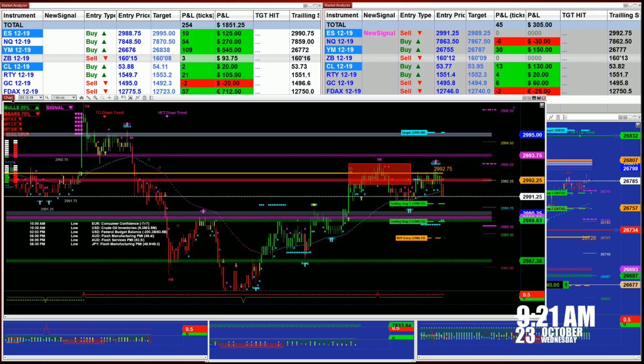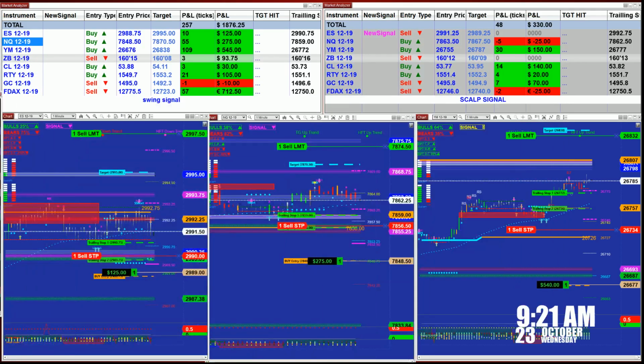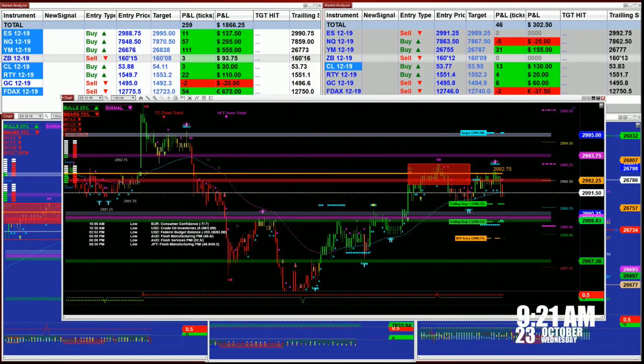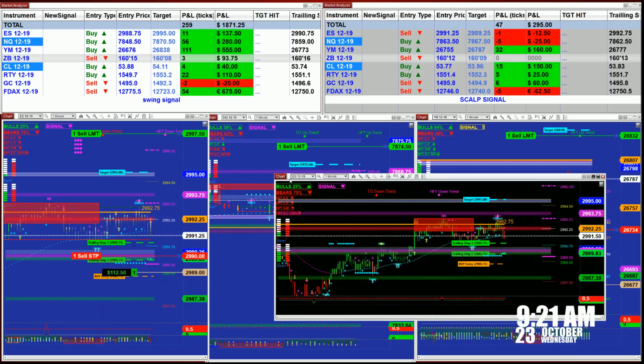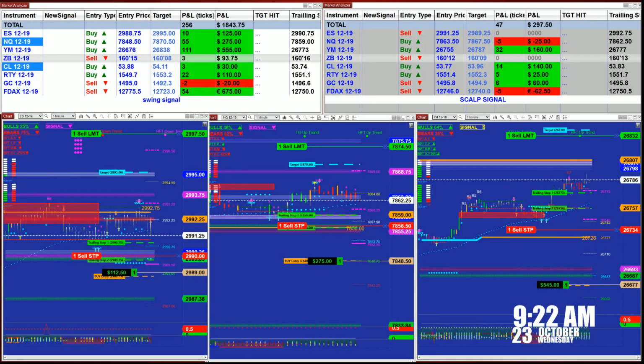So it is very important to break that level to have a smooth ride today to the long side. If this market is not able to break the 92.75, we can experience a little trouble at the beginning, and this is how dangerous it is if you cannot read the market.